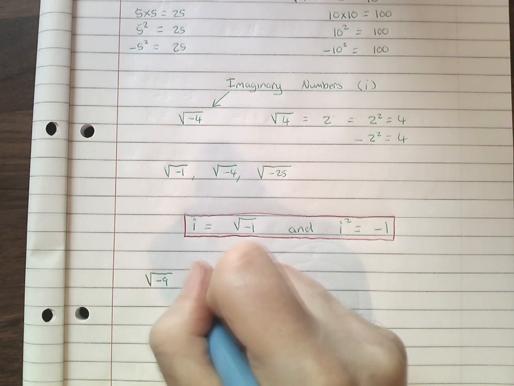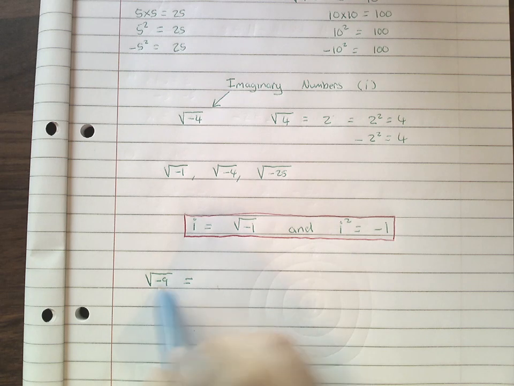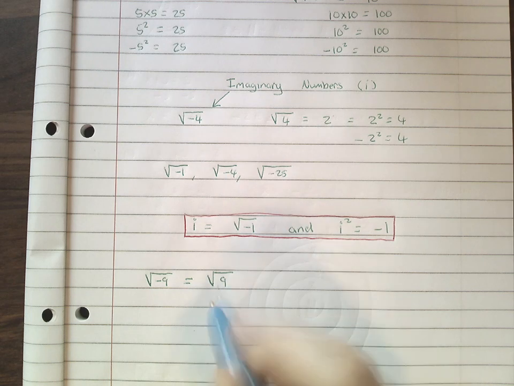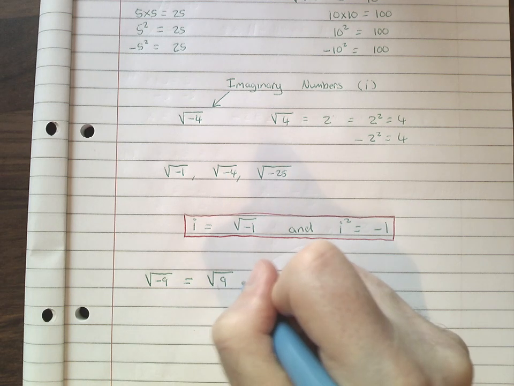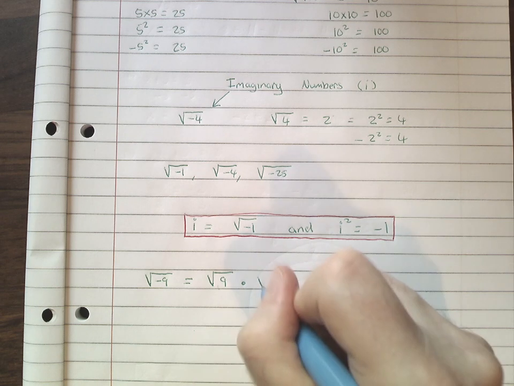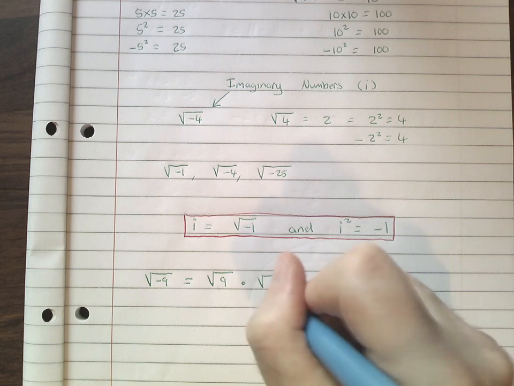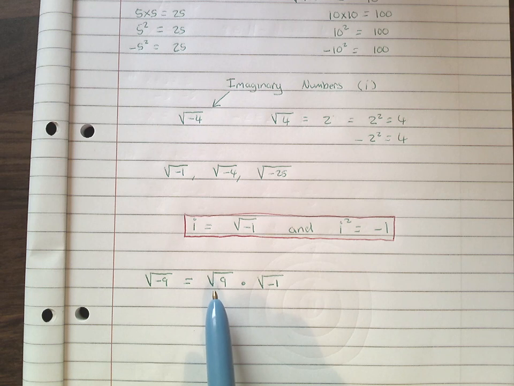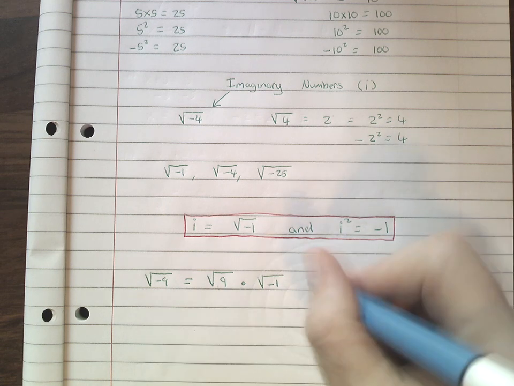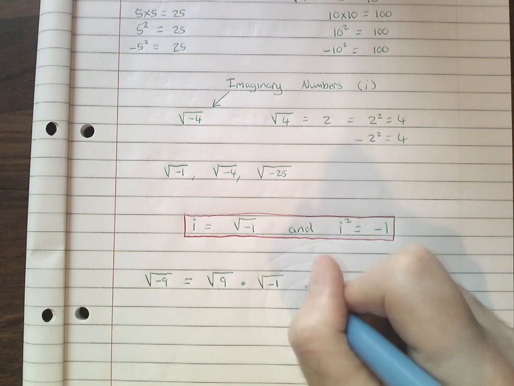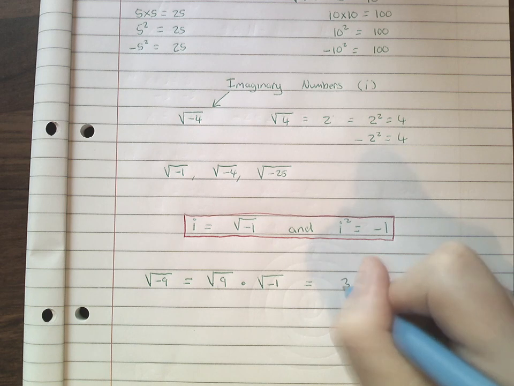I can write this by taking the negative and the positive integer separately: the square root of 9 multiplied by, represented by a dot, the square root of minus 1. Then I can take the square root of minus 1 and replace it with i. So this will actually become 3i.